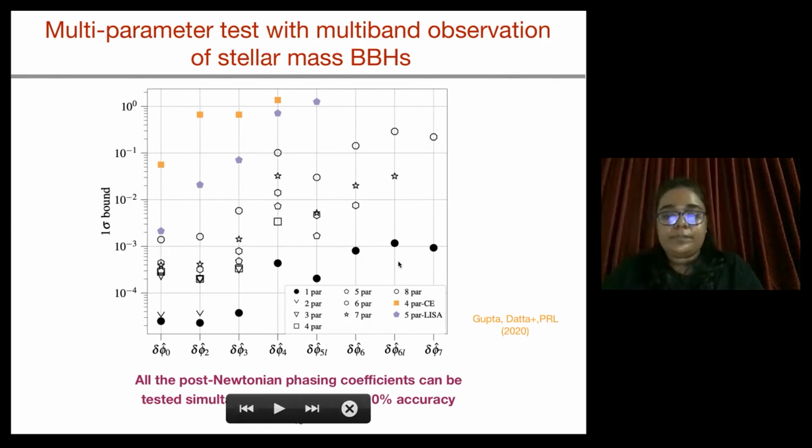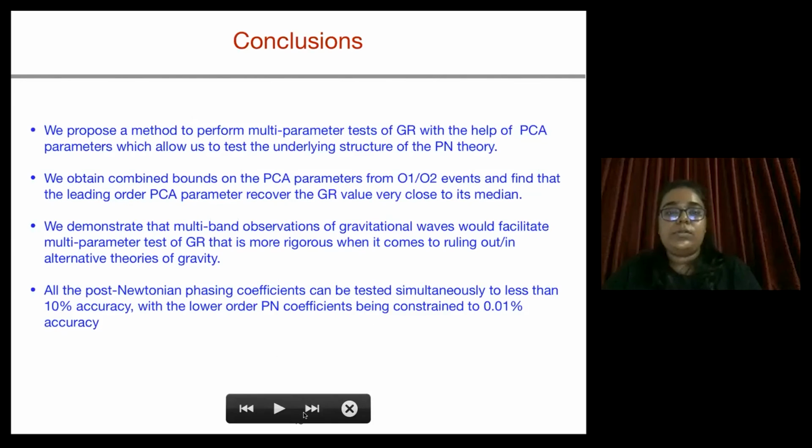So to conclude, I showed that we can perform these multi-parameter tests of GR with the help of PCA, which will allow us to test the overall PN structure of the theory.